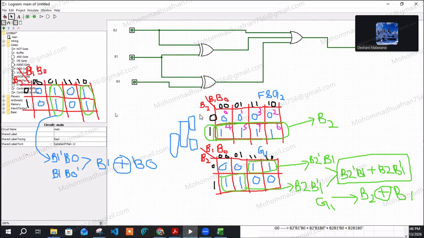So you can see this thing. Rather than using two more sub-logic circuits, we can directly use this XOR gate and we can reduce the size of our logic circuit, right? So this is the final output of our converter.